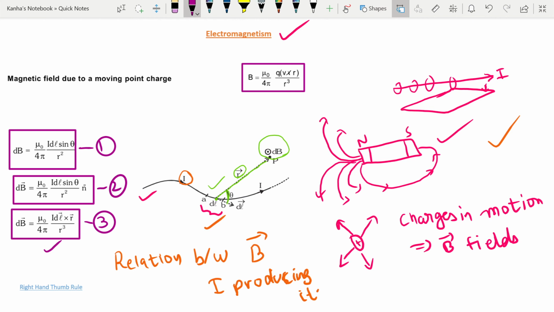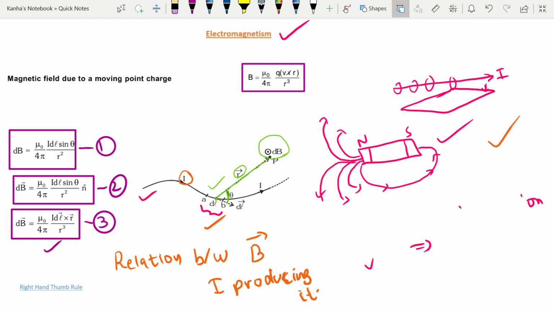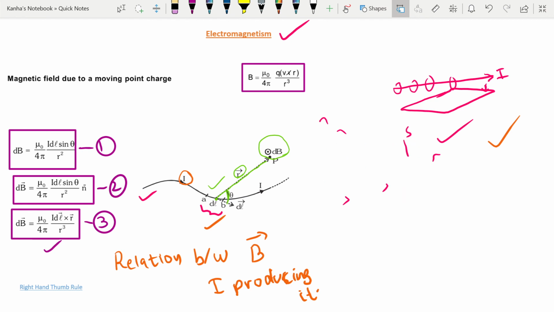First of all, about the magnetic field lines, I'll just tell you about 1 or 2 points. First of all, magnetic field lines as a concept were given by Michael Faraday. Okay, so a thing about magnetic field lines, they are closed curves.